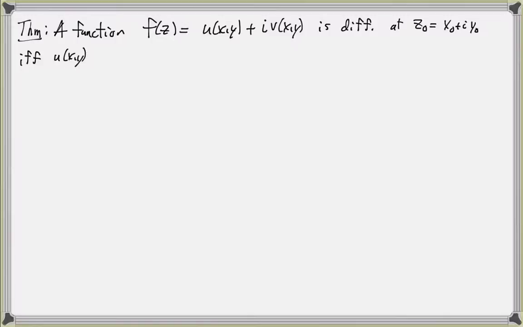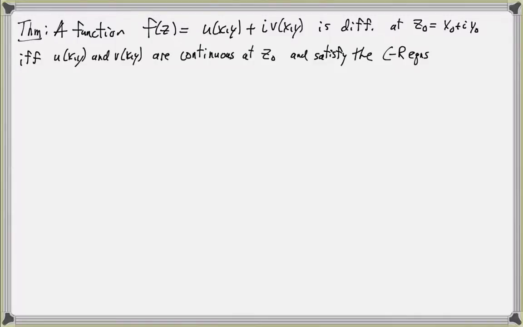A function f of z equal to u of xy plus I v of xy is differentiable at the point z0 equal to x0 plus I y0 if and only if u of xy and v of xy are continuous at z0 and satisfy the Cauchy-Riemann equations at z0.